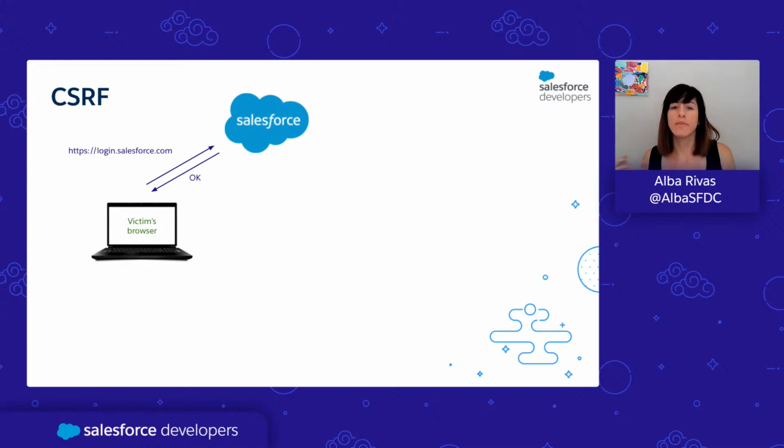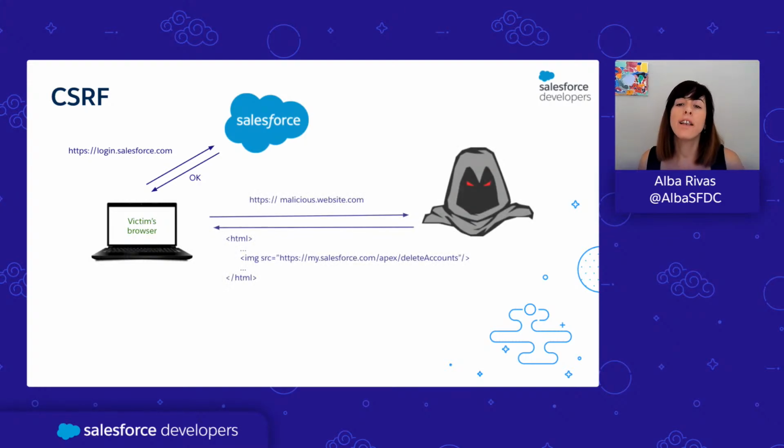And the customer navigates to Salesforce, they log into their Salesforce org, everything works correctly, and the customer is now logged in. Sometime later, the customer decides to visit a malicious website, maliciouswebsite.com.